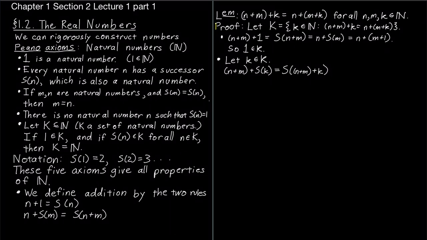And then little k is in our set K, meaning we are now allowed to flip this to n plus m plus k.